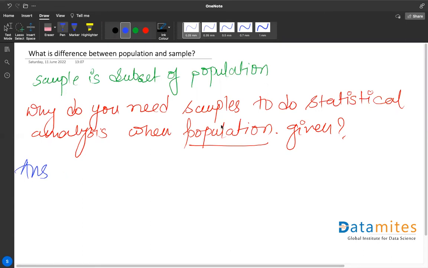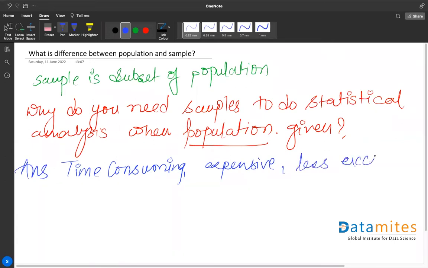Population considers a whole group, computationally expensive, time consuming. Correct. And everyone does not have access to the population. Right. Time consuming. So time consuming, expensive, and less access.